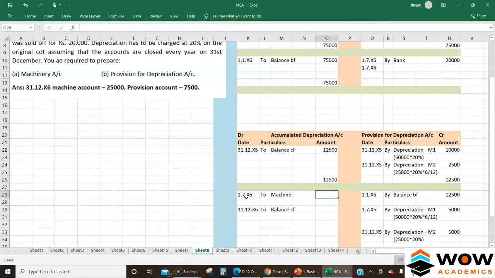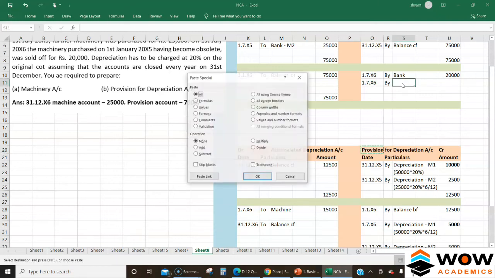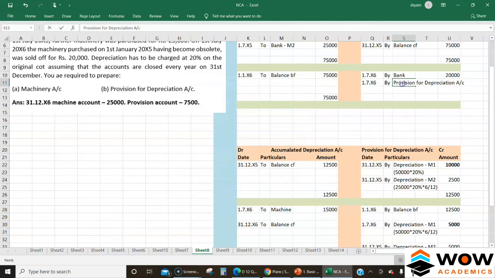Whatever depreciation is available for this machine, that is this 10,000 and this 5,000, both have to be transferred. By provision for depreciation, that comes to 15,000.